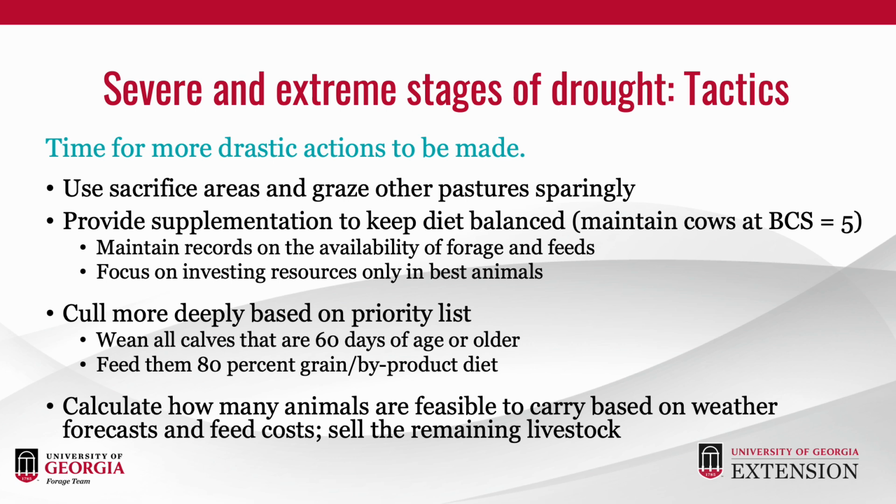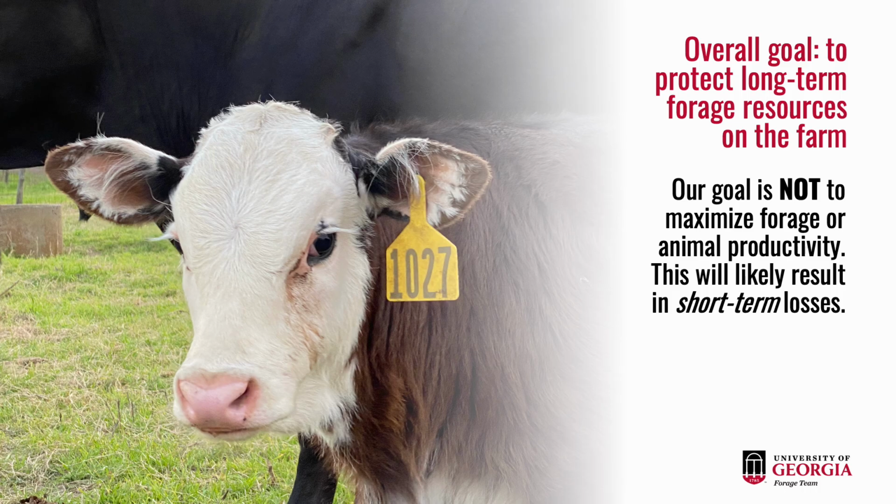We need to calculate how many animals we could feasibly carry based on the weather forecast and feed cost. I need to encourage you to be very, very conservative in that estimate and sell the remaining livestock.